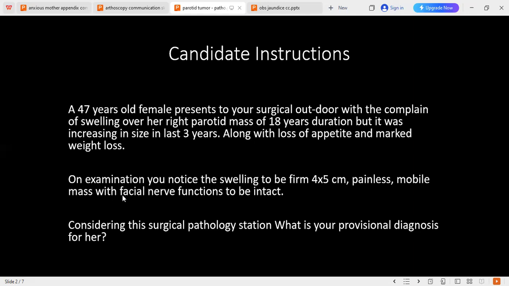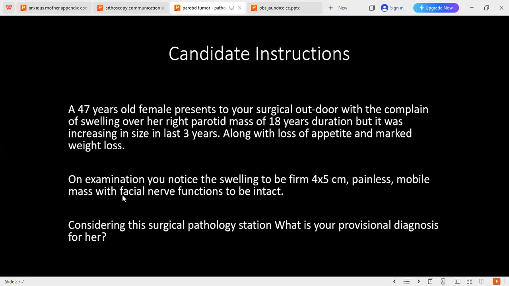Okay, so if this patient came into your outdoor, what investigations can you perform on this patient at that particular moment? We can do FNAC, fine needle aspiration cytology. Anything else? We can do clinical examination, or FNAC, and we can also go for true cut.